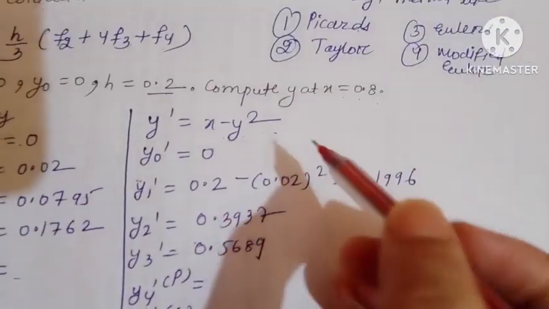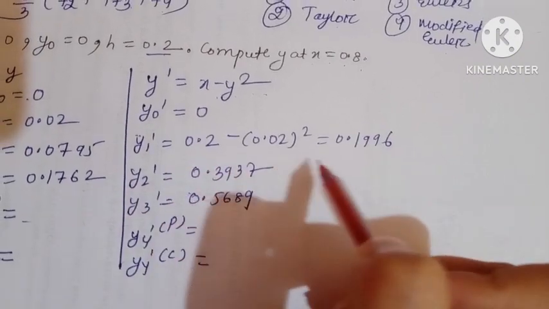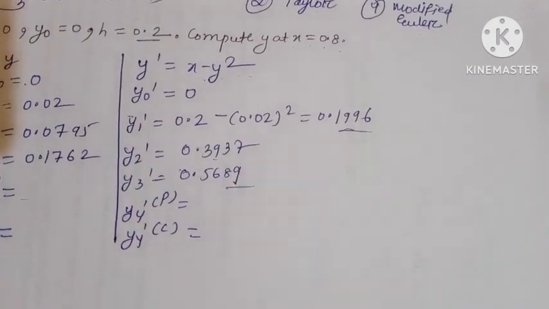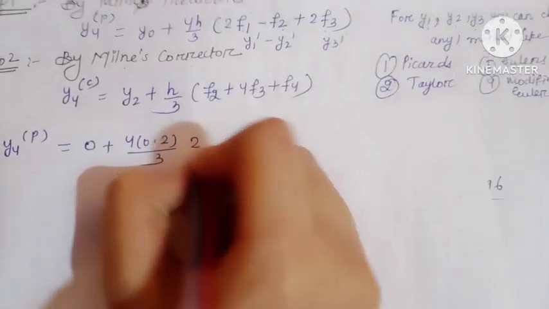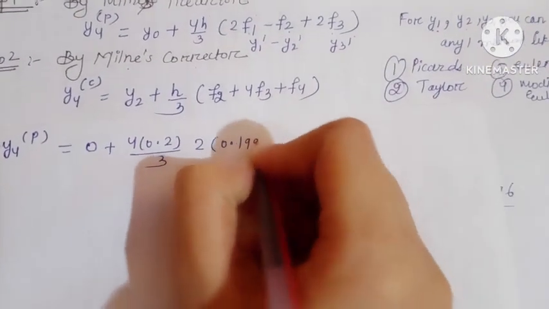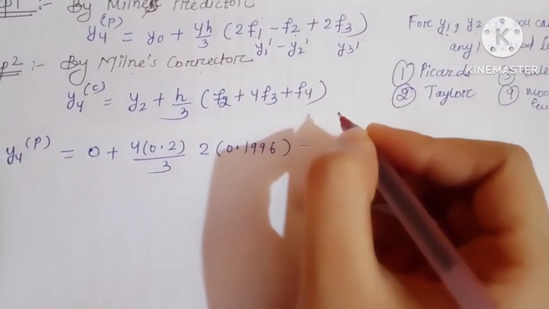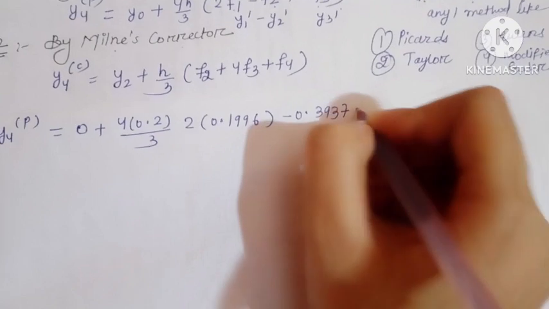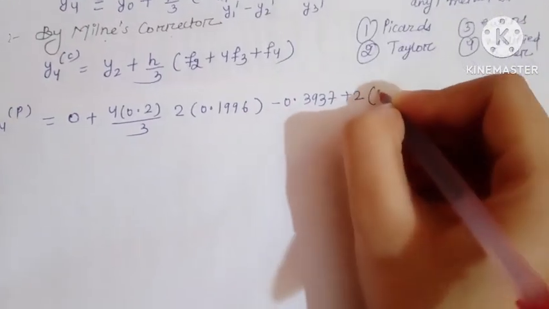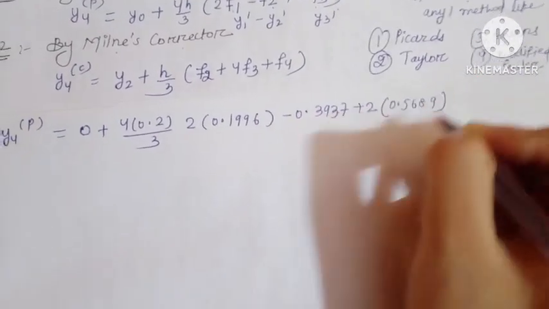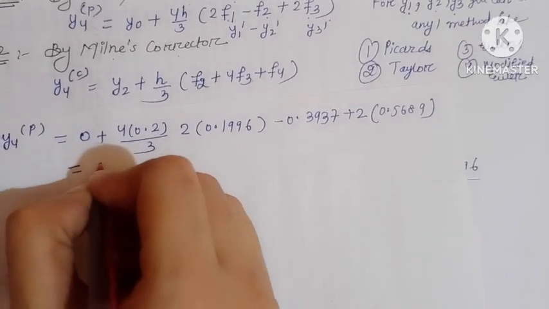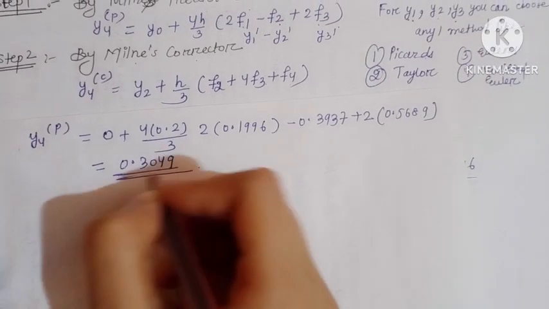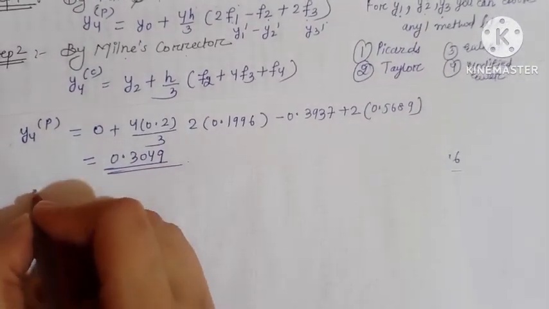We have the values of y1 dash, y2 dash and y3 dash, so just substitute: 0.1996 minus F2 is 0.3937 plus 2, F3 is 0.5689. After solving this, we got the value 0.3049. So this is Y4 predictor.